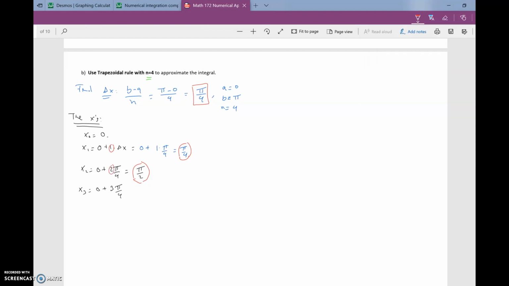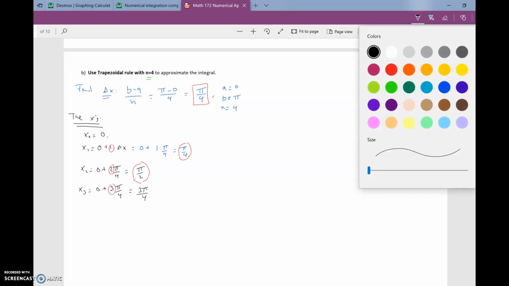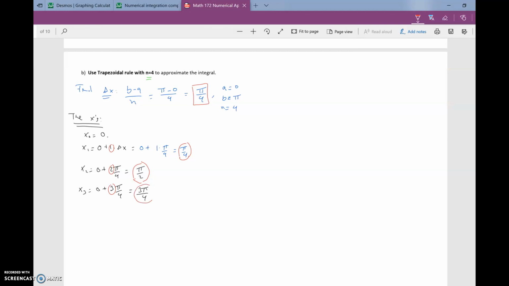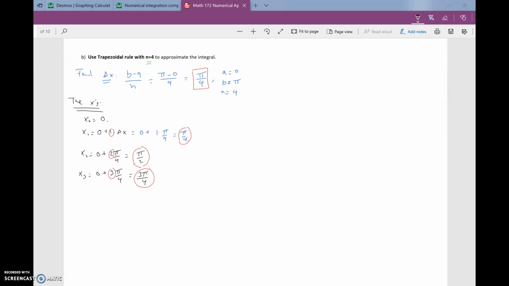So I'm just modifying this formula, which in this case is just going to give us 3 pi over 4. As you can see, it's a little bit time consuming, and a minor error is going to throw everything off. So in future classes, you would be coding these to basically minimize human error.